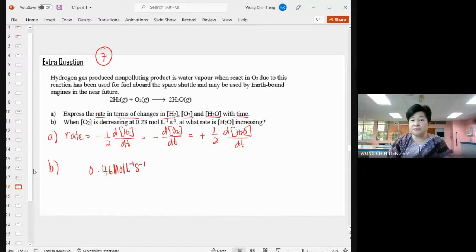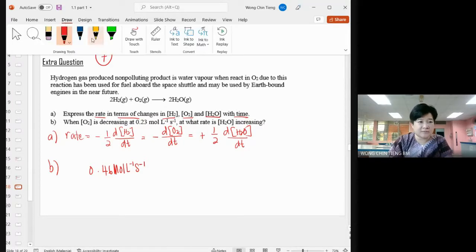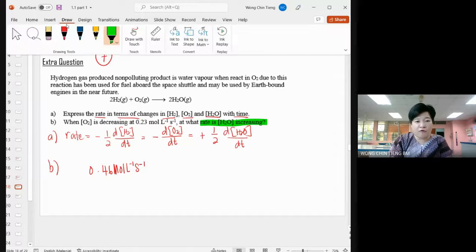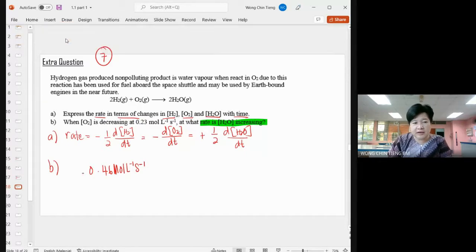Okay. Just a kind reminder, many of you gave the final answer because I asked for the final answer, so it's not wrong. But the question is asking for the rate of water increasing, which means in front it should be positive d[H2O]/dt. Remember, the positive and negative symbol comes with the term, not the value.